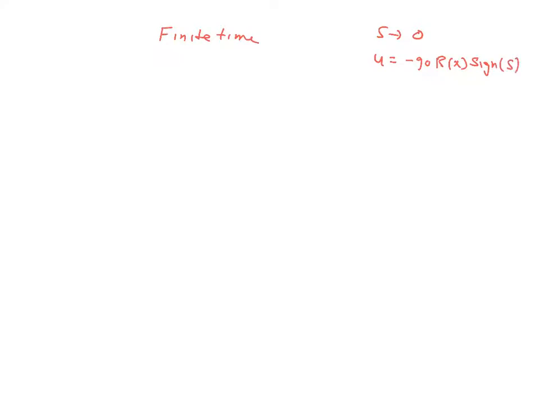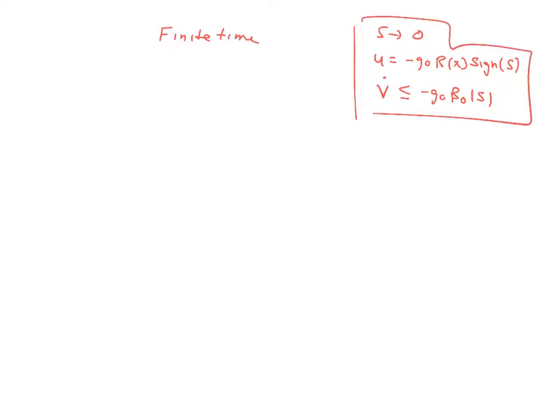If you use that, your v dot was less than minus g0 beta 0 mod of s, right? So given this, how can you show that it will reach in finite time? Okay, so what is our v? Your v equals half s squared, right? That's what we are dealing with here.